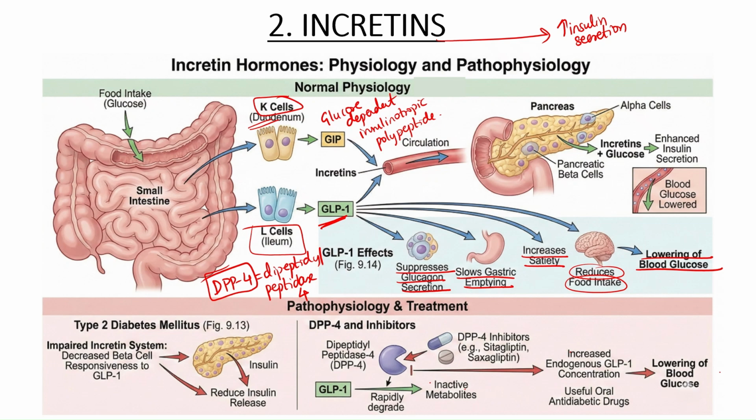To maintain higher levels of active incretins, clinicians generally use DPP-4 inhibitors such as sitagliptin and saxagliptin. These oral medications block the enzyme, allowing the body's own GLP-1 to circulate longer and help to stabilize the blood glucose levels. This is the incretins.